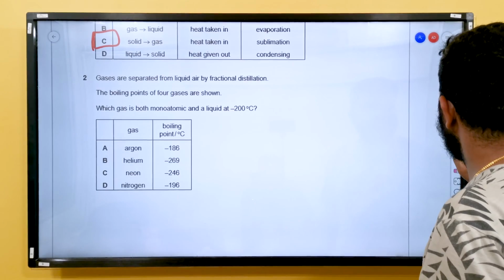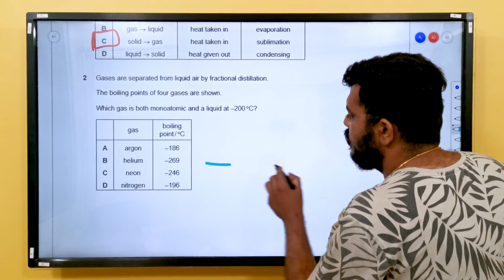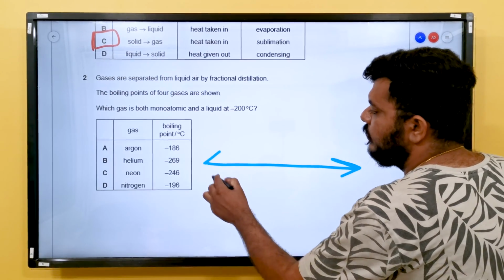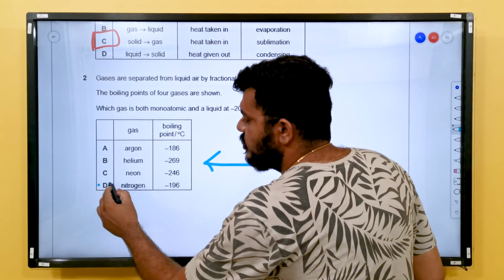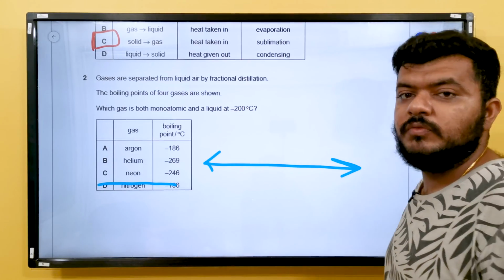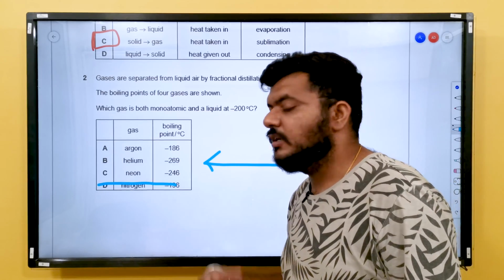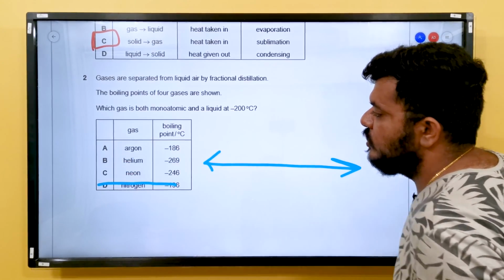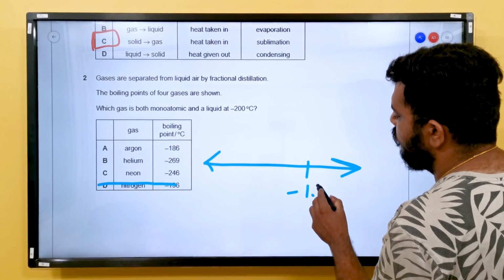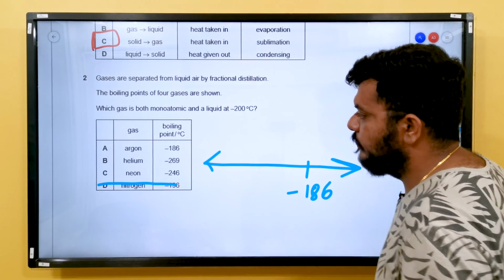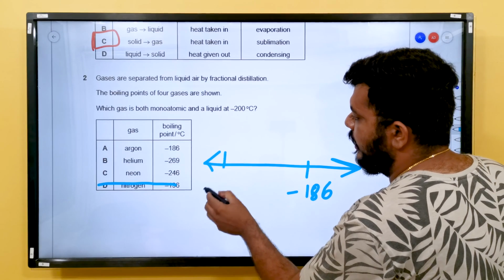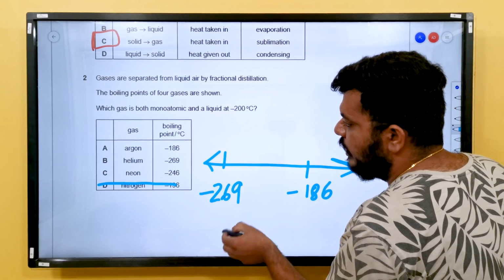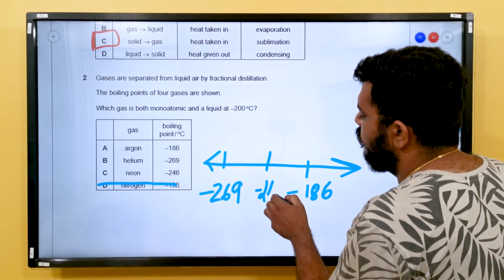To understand this better, let us draw a number line. Because we are required to find a monoatomic gas, a diatomic gas can be directly cancelled from the options. So we have argon at minus 186, helium at minus 269 and neon at minus 246.